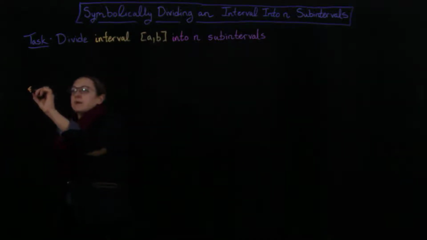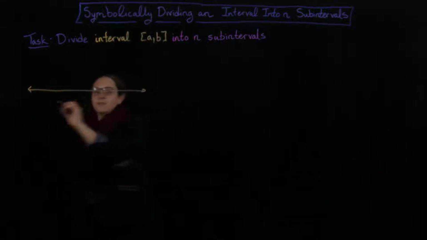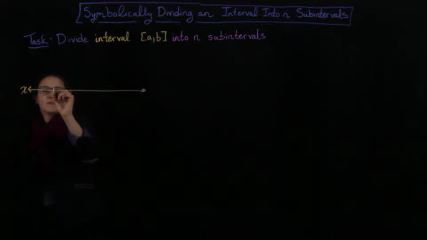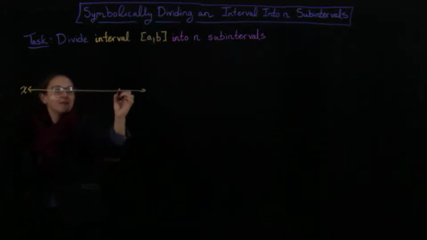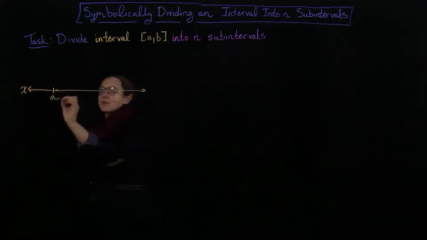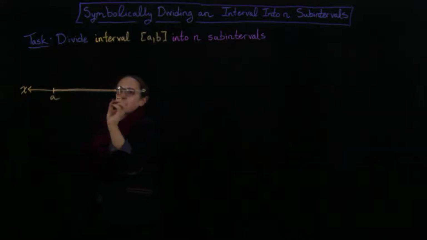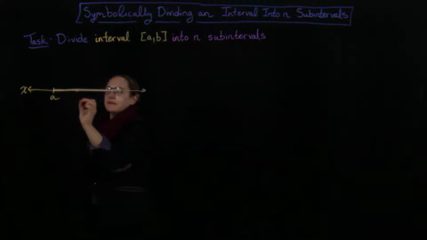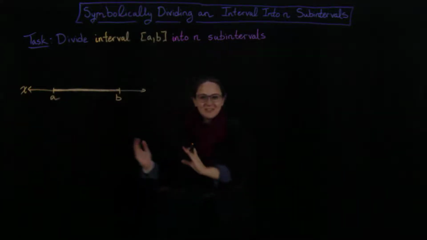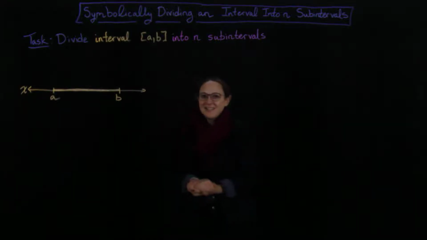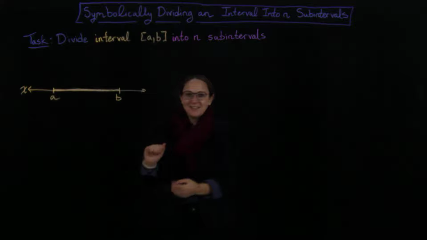So we're just looking at an interval. Usually this is the x-axis here, and I have a value a, and I have a value b. This is the interval right in here. And now I want to cut it into n pieces. If I want to cut something into n pieces, how do I do that? The first thing I need is the width.